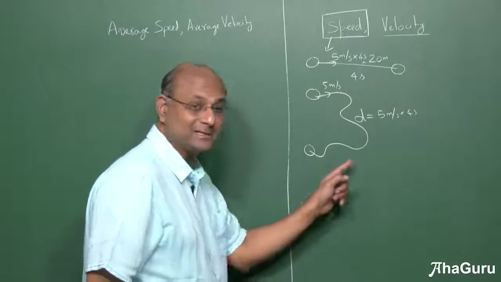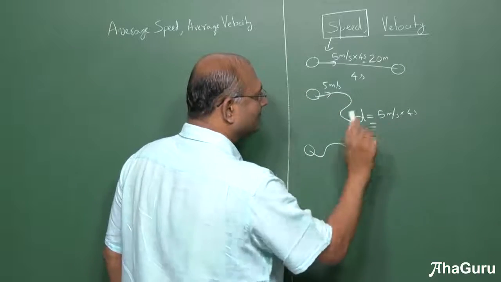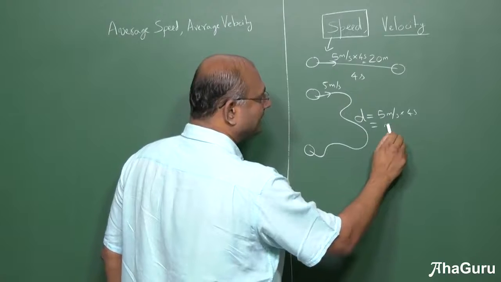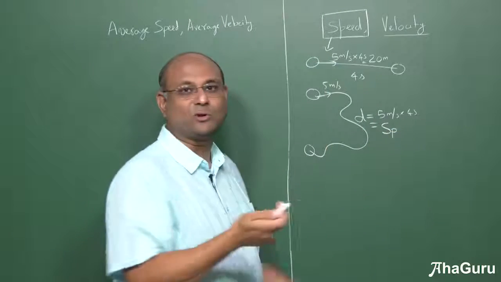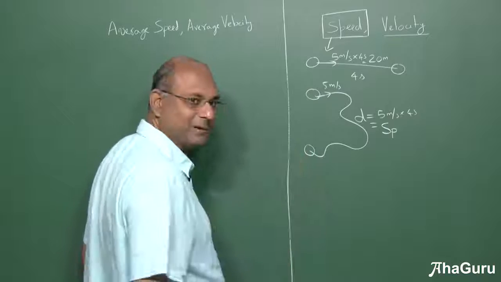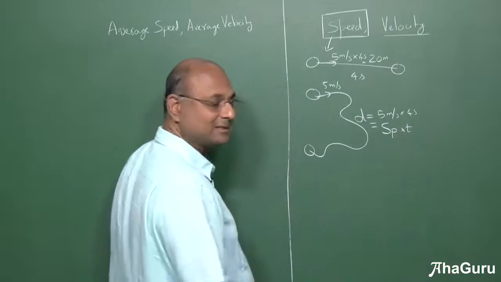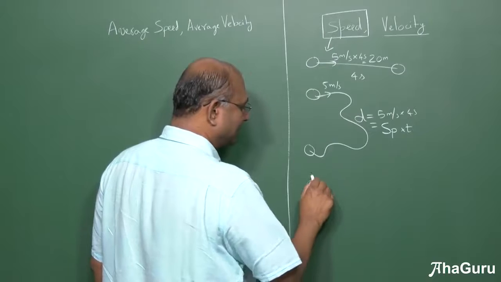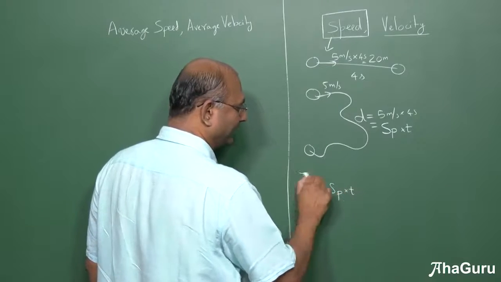It's still 20 meters, but it is the distance that is 20 meters, right? So in general, we will write speed. So for speed, I need a symbol. So I will use the symbol SP. There is no real symbol for speed. So we use the symbol SP. So speed into time is the distance. So keep that in mind. So distance is equal to speed into time.